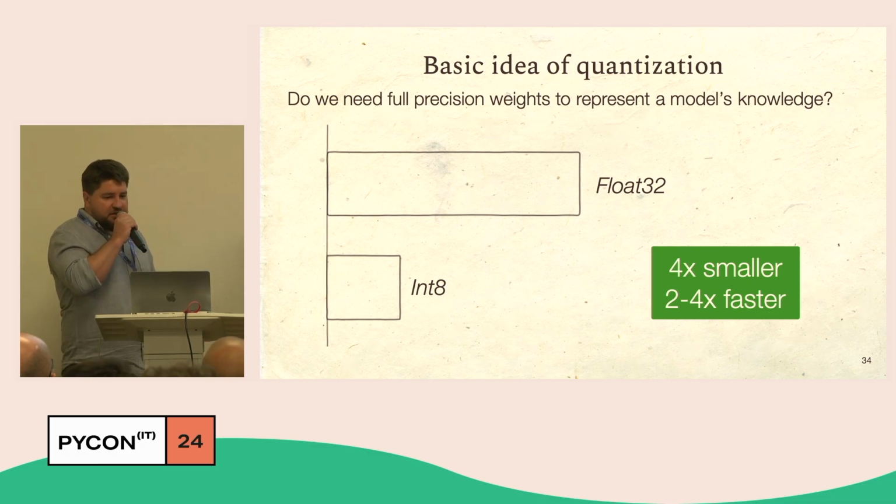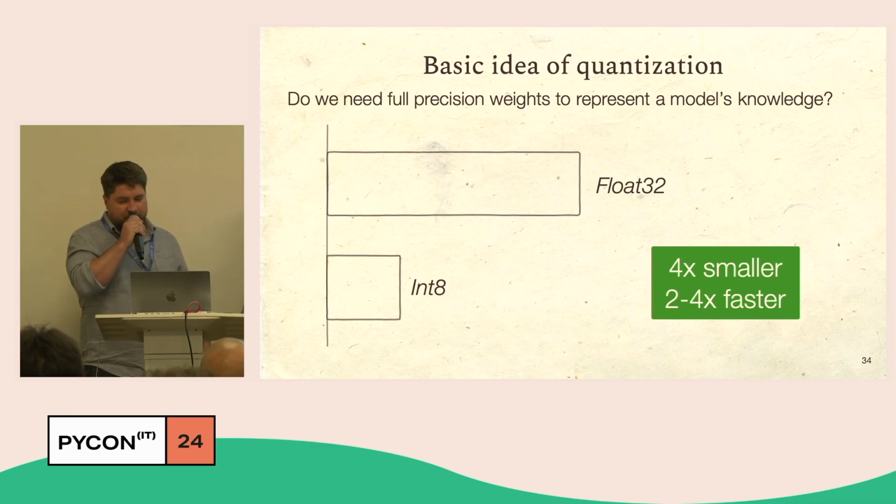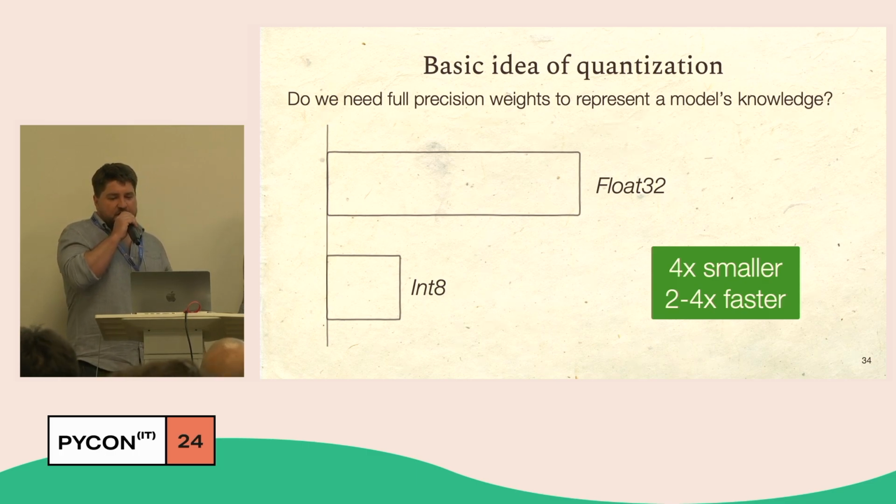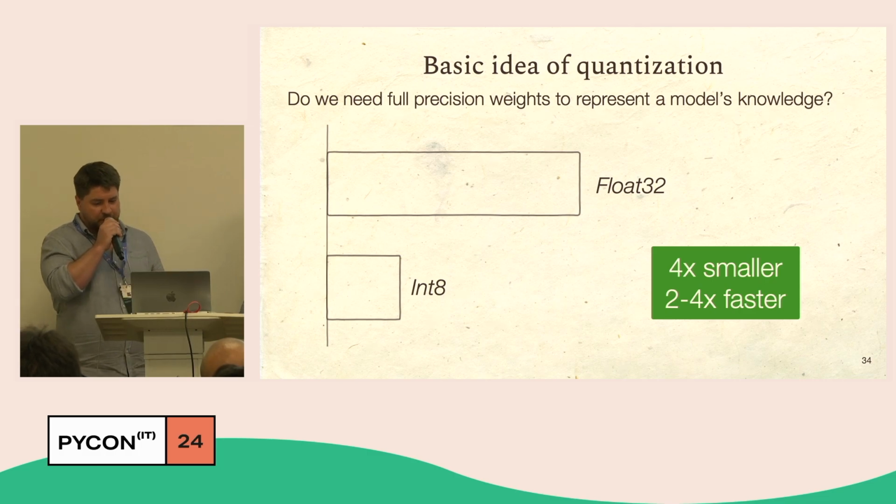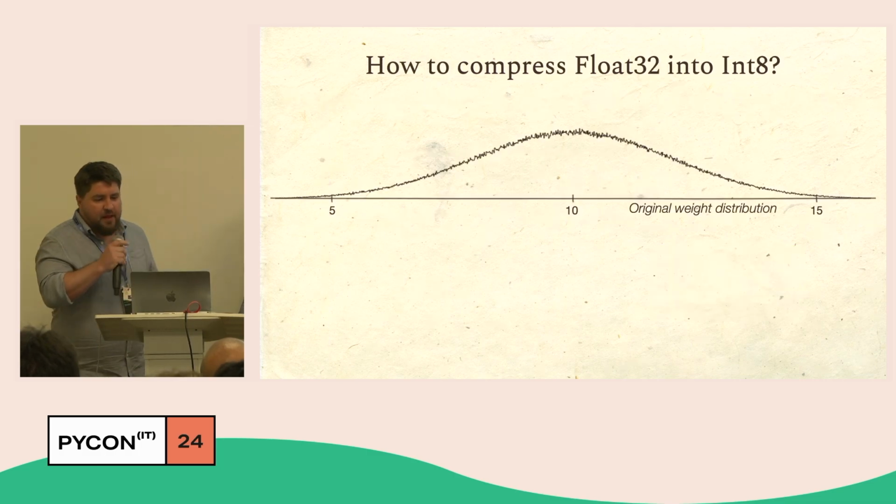If we could manage to represent the same knowledge with, for example, 8-bit integers, we would have a 4 times smaller model file, 4 times smaller model footprint in the memory. And also, if we can do the compute, the inference, in 8-bit integer, then we can have a 2 to 4 times faster inference. So it would be great if we could manage that.